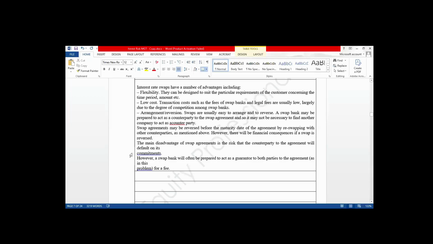Also, an interest rate swap provides opportunity to reduce your cost of borrowing. The major disadvantage of an interest rate swap is what we call counterparty risk.